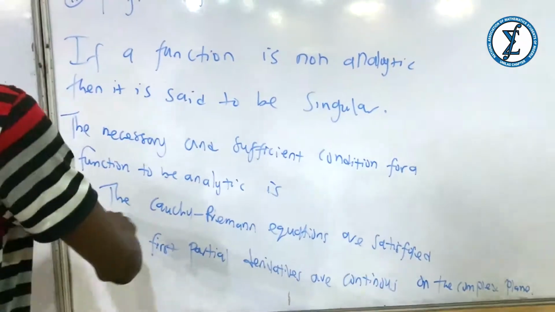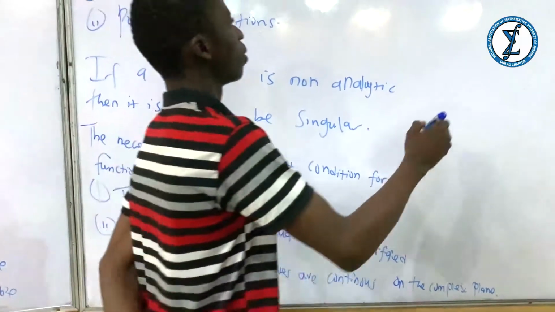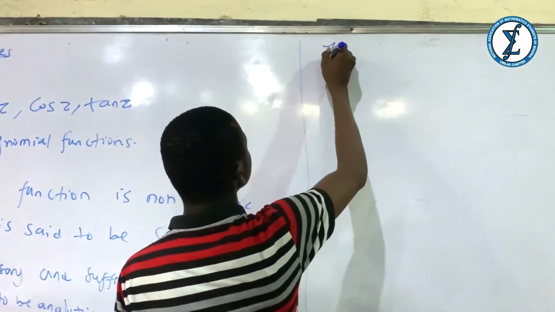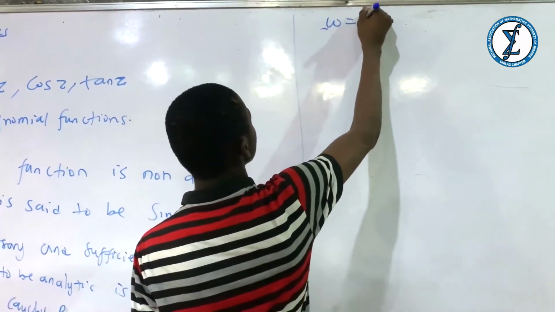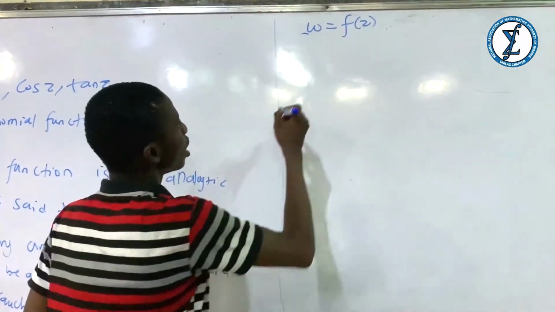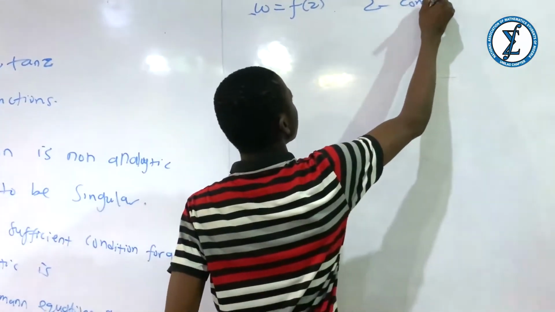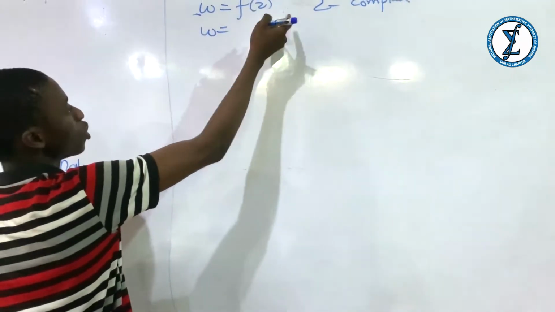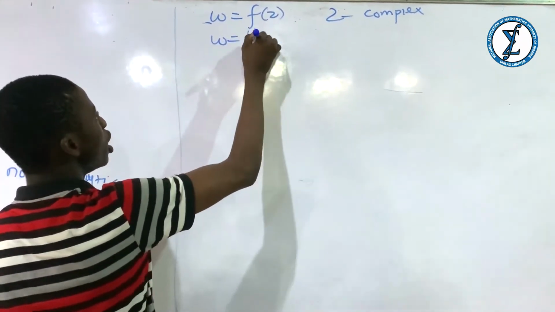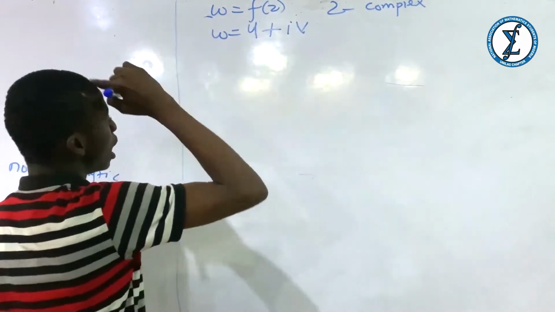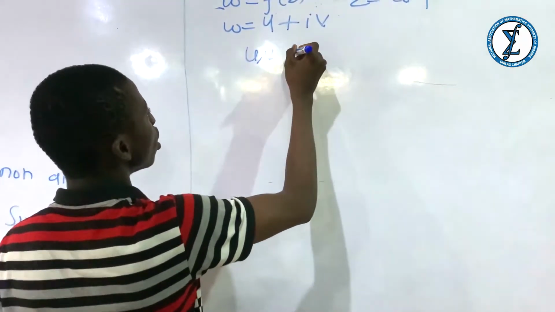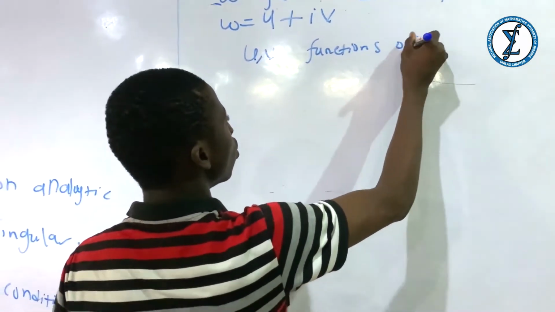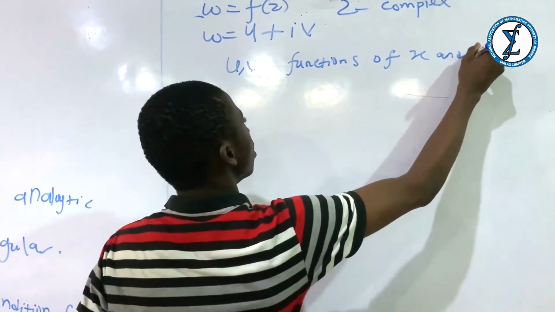Okay, let's talk about the Cauchy-Riemann equations. Since we are talking about functions, assume we have w equal to a function of z, where z is a complex number. So a function of z will also be a complex number, such that u and v are functions of x and y.